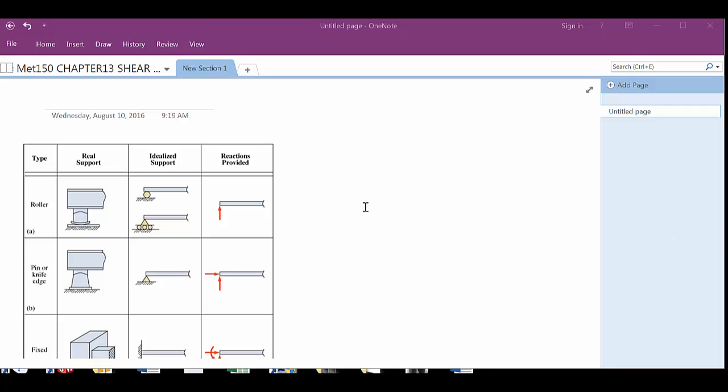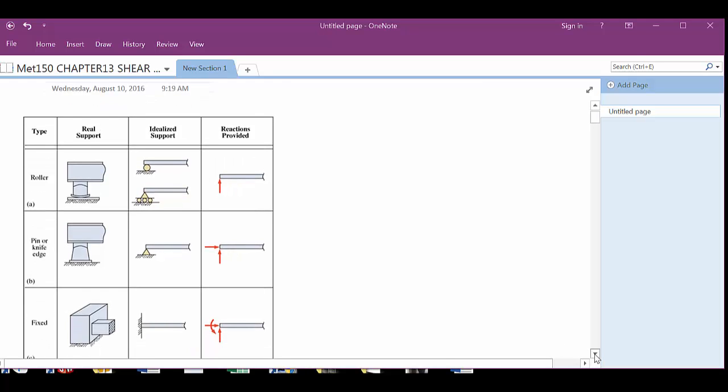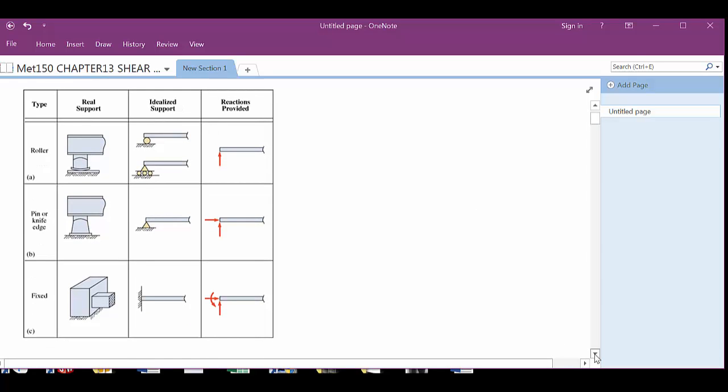We talked about the different types of beams back when we were dealing with beams early in the semester, right? So there are the different support types. Roller, again, has no resistance in the X, and this is showing your reactions. But there is a resistance against the weight of the beam plus the gravitational pull, right?